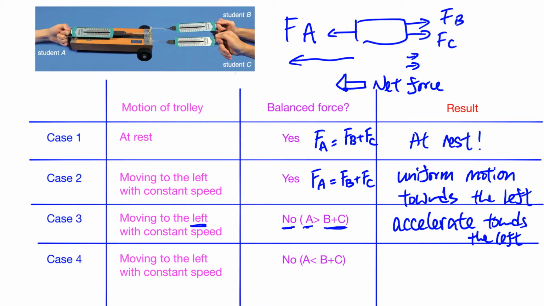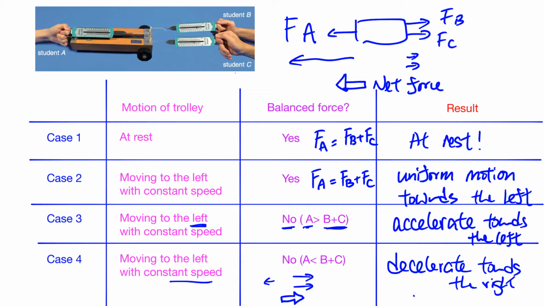In case 4, the trolley is moving to the right with constant speed at the beginning, and there is an unbalanced force: A is small, B and C are large, so there is a net force towards the right. It is dragging the trolley to slow it down, so it will decelerate towards the right, and the speed will slow down.